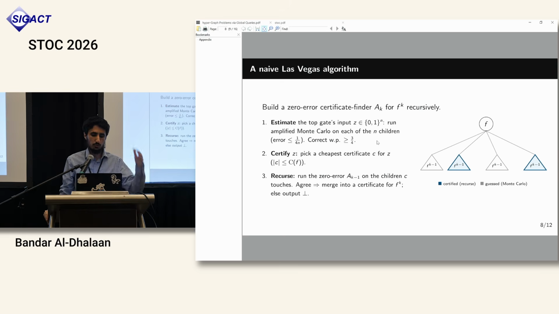When we do the recursive step, there are two possibilities. Either our guess was correct and the recursive step found the certificate, which is great. We merge that into the rest of the outputs and get a certificate for f.